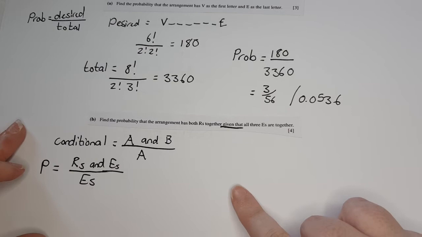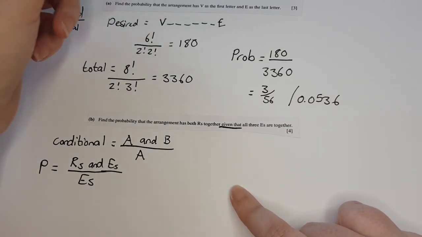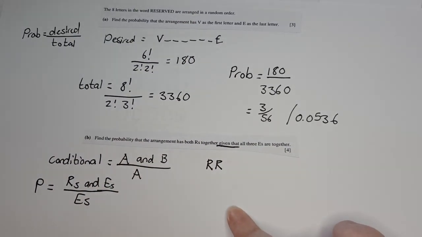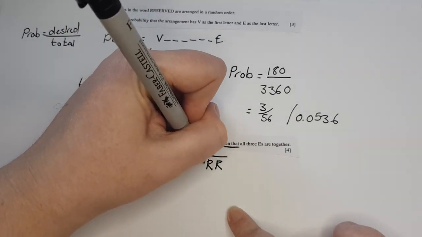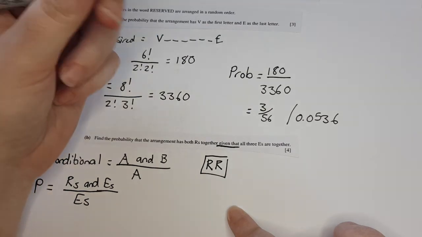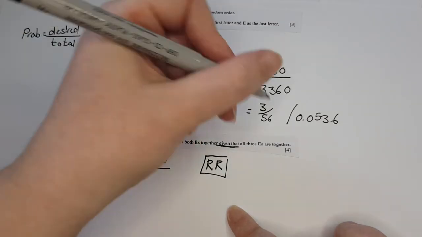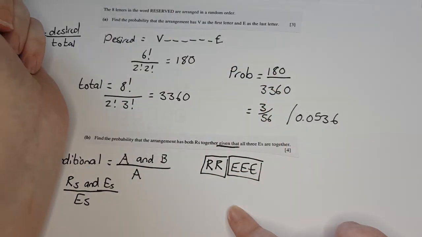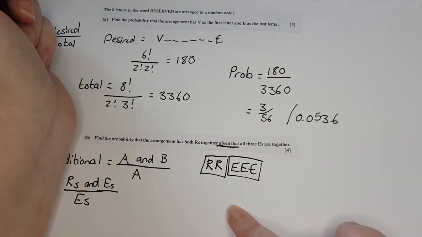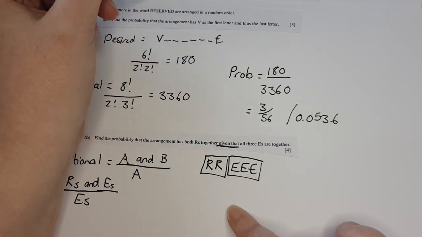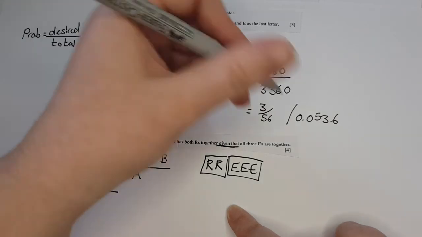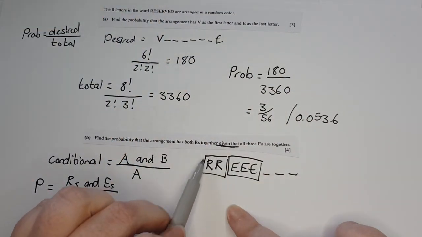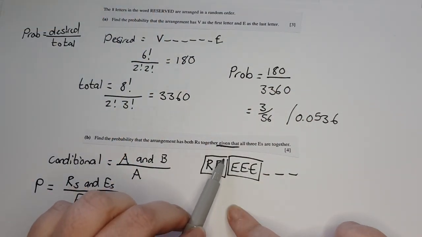So if we look at our situation in our word, if we want the R's together in the word reserve, there's two R's. So we put our R's together. And we want the E's together. And there was three E's all together. And then we have the rest of our letters. So the rest of our letters would be an S, a V, and a D. So we have the S, the V, and the D. So remember, the R's count as one thing.